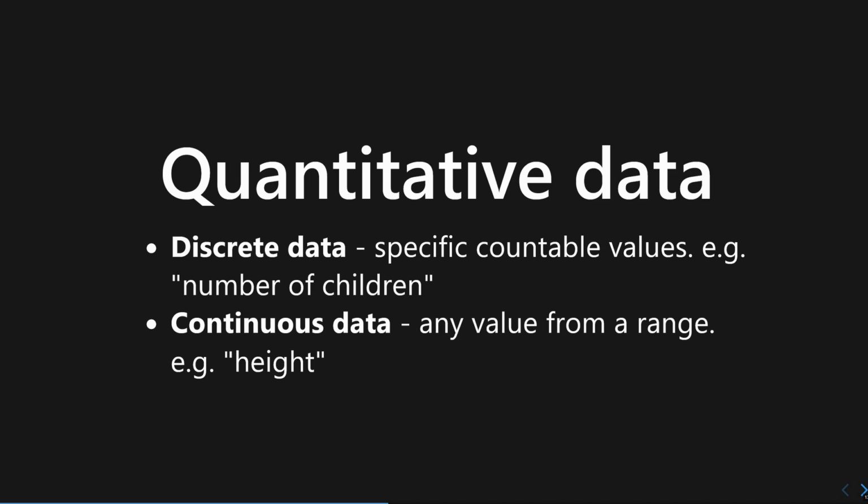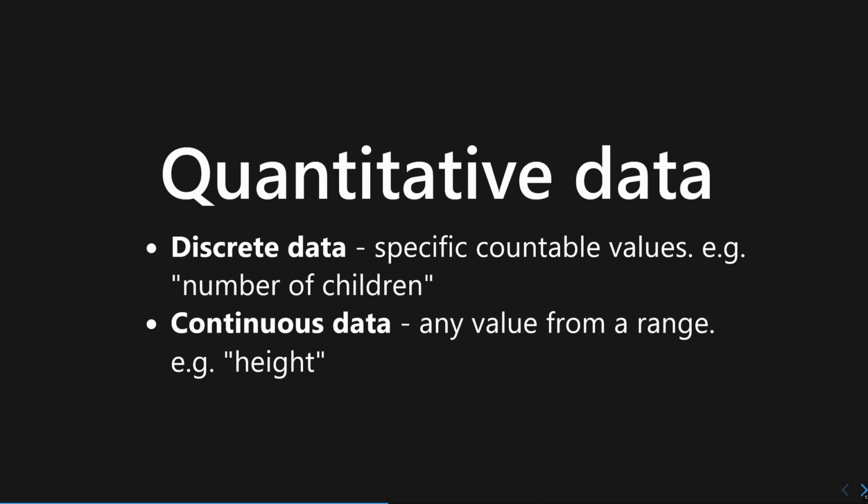The opposite of discrete data, on the other hand, is called continuous data. Any value that comes from a continuous range, for example, is continuous data. An example of that would be height, so a person's height, for example, or some object's height. The height of something can be from 0 to infinity, any value in between that range.